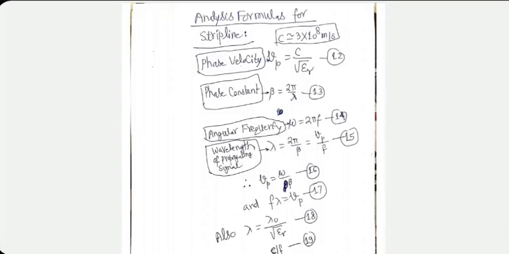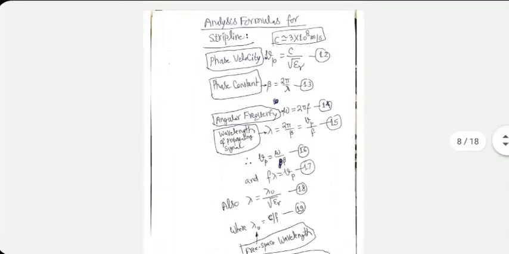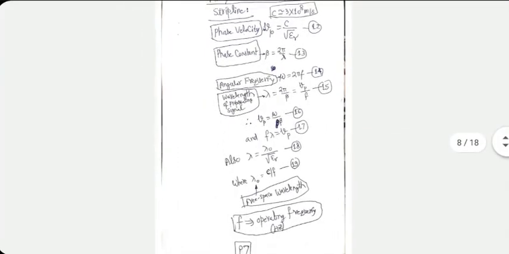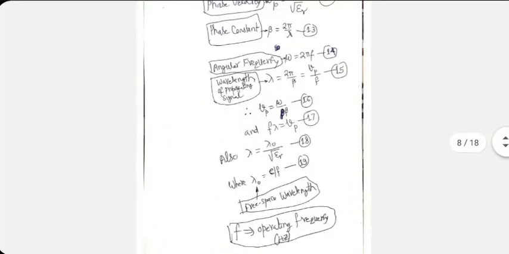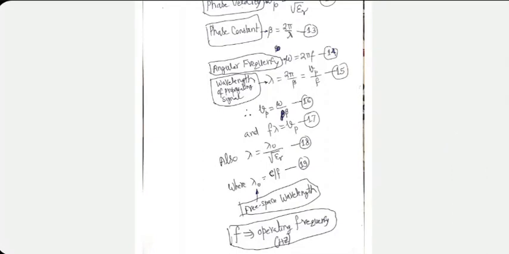Only thing is, effect of epsilon r has to be brought into the game. The wavelength of the signal traveling in the strip line is lambda equal to lambda naught divided by square root of epsilon r. Lambda naught is c divided by f, simple.